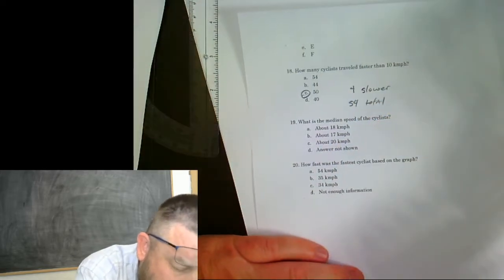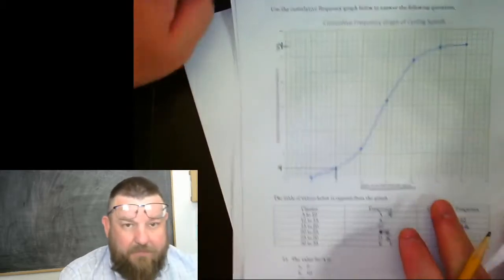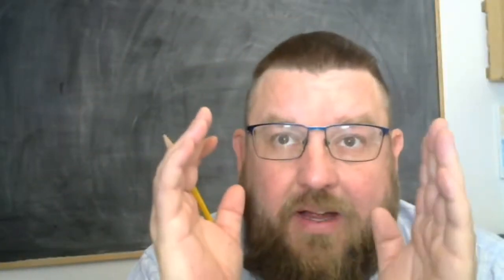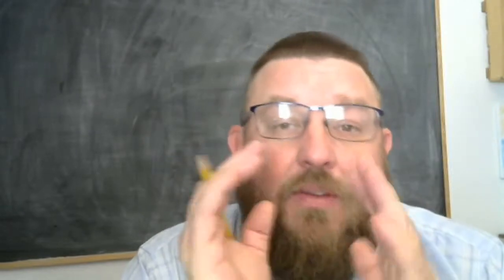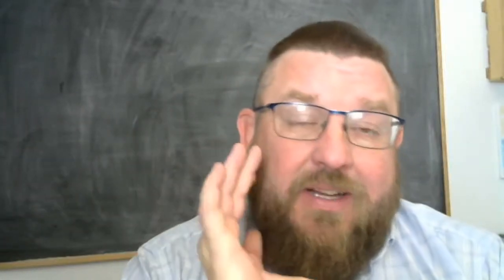Okay. What's the median speed of the cyclists? So median again. If you take all your frequencies and you line them up by size, smallest to largest, and then you find the exact middle of those frequencies, whatever the value of that is, is your median. So we have 54 frequencies. Whatever the value of the 27th frequency is, is our median.